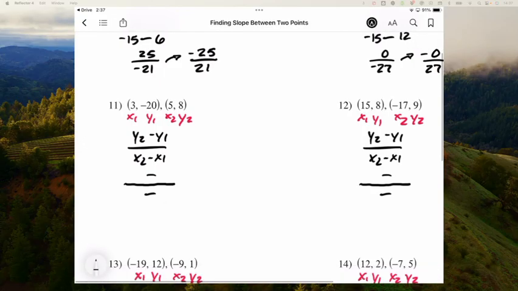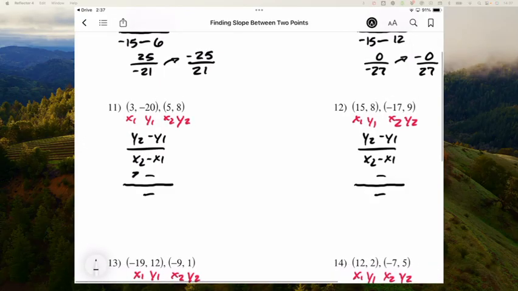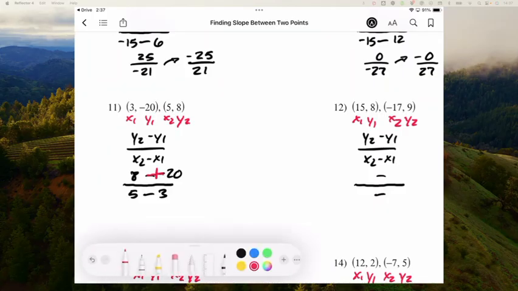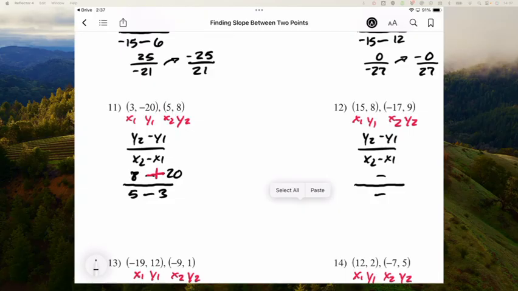Number 11, we would have 8 minus negative 20, and then over 5 minus 3. Let's fix those double negatives. And that would give us 28 over 2, which is equivalent to 14 over 1.